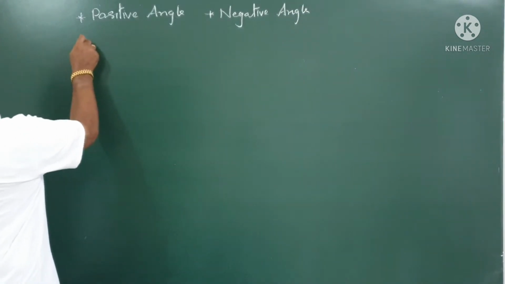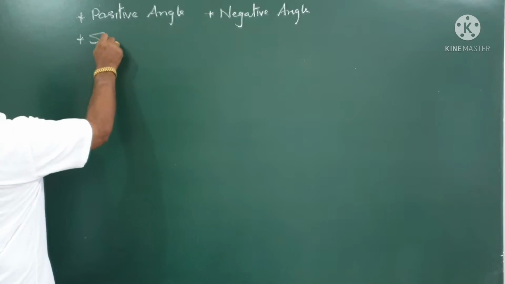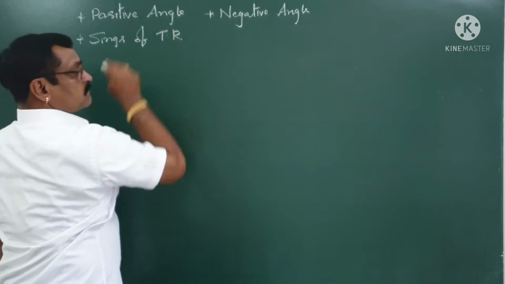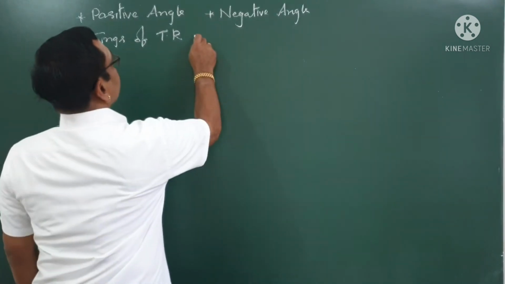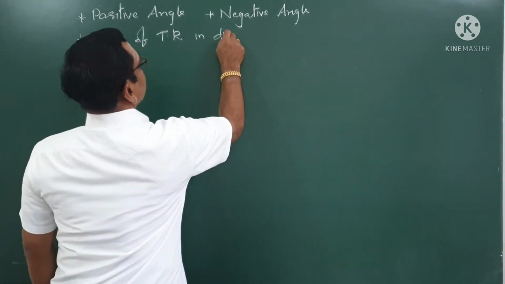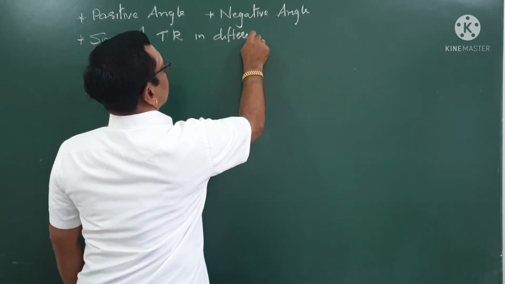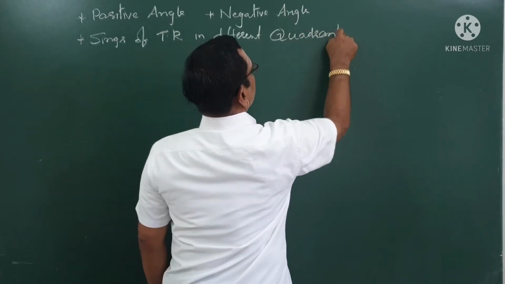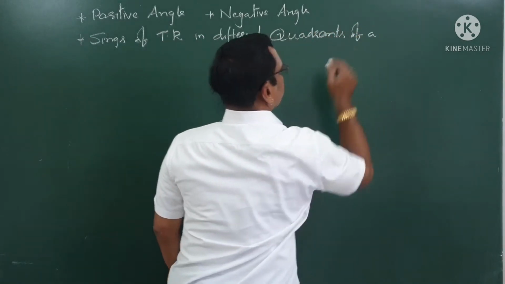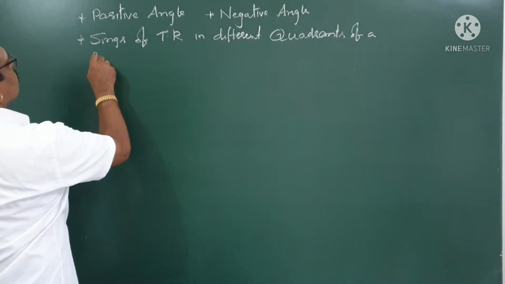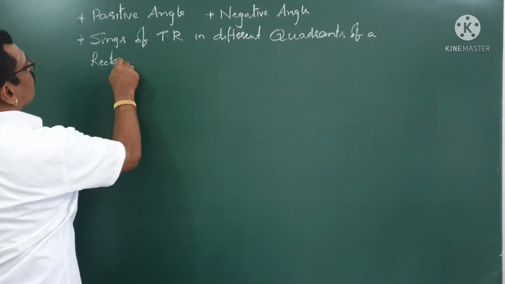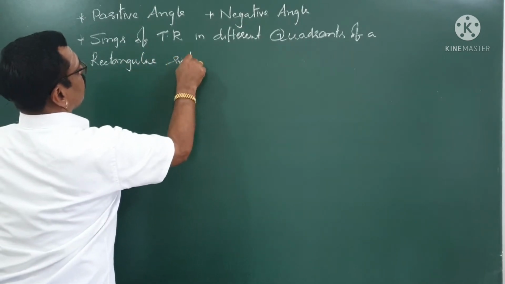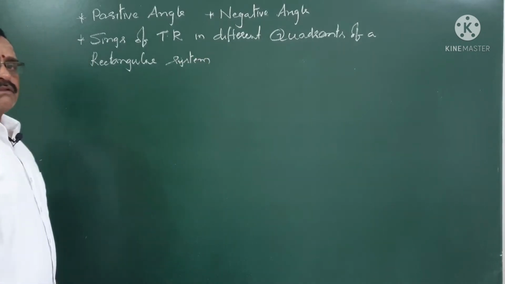Number 3, the signs of trigonometric ratios in different quadrants of a rectangular system.